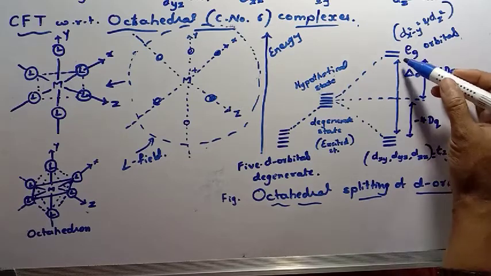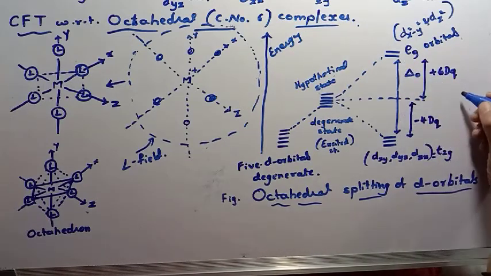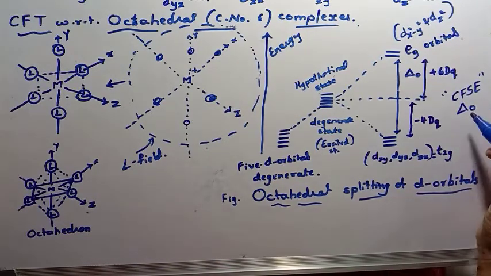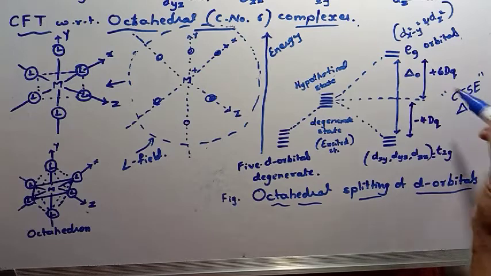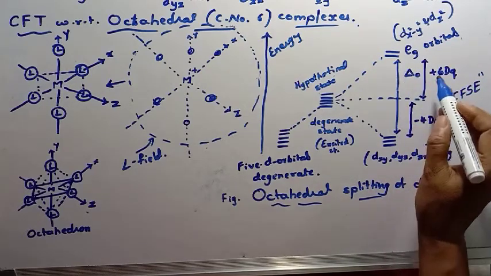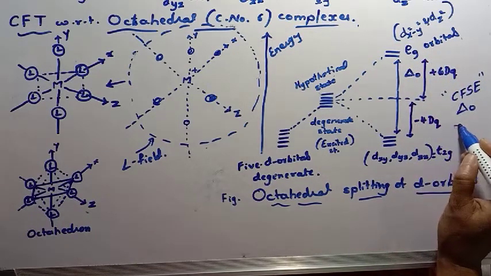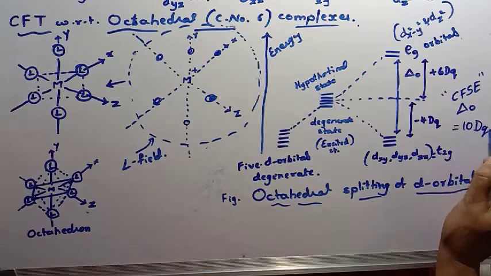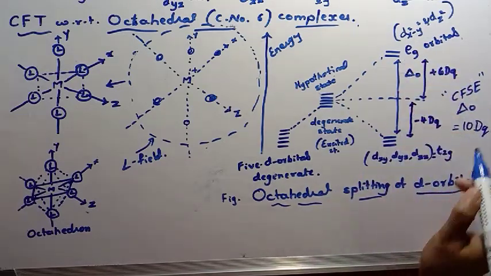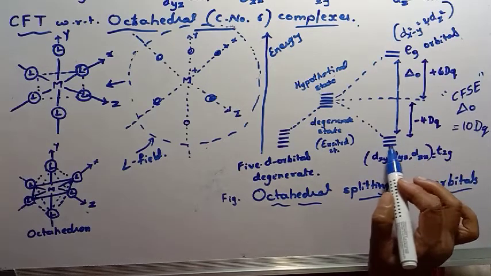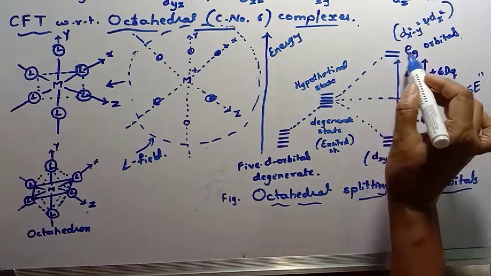The splitting energy is known as crystal field splitting energy, and in case of octahedral it is denoted by delta O. Delta O splitting is taken as 10 Dq, where plus 6 Dq is the amount of energy raised, and this much amount of energy is decreased for the other orbitals.